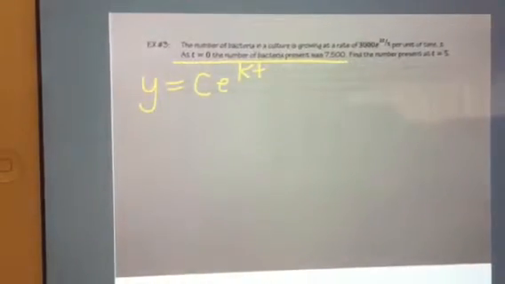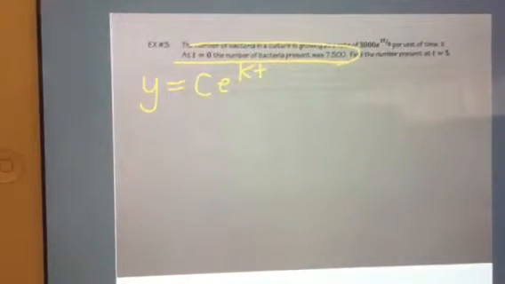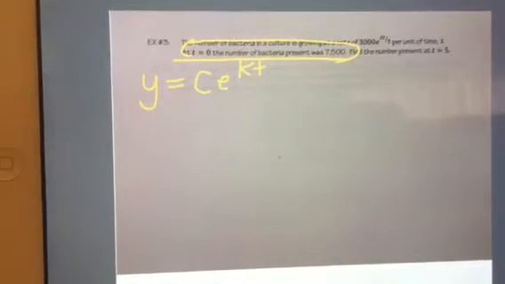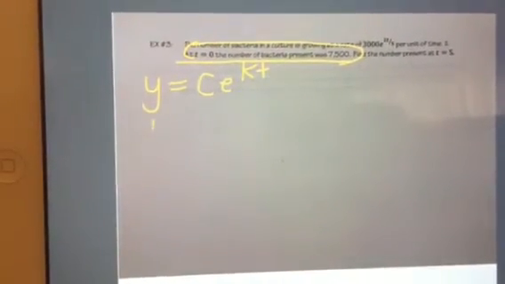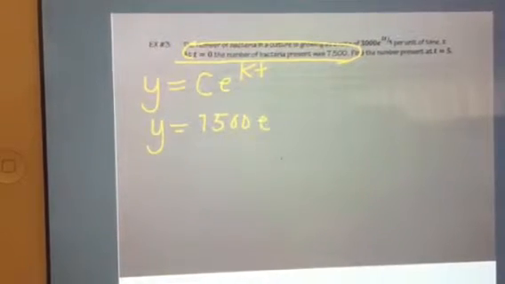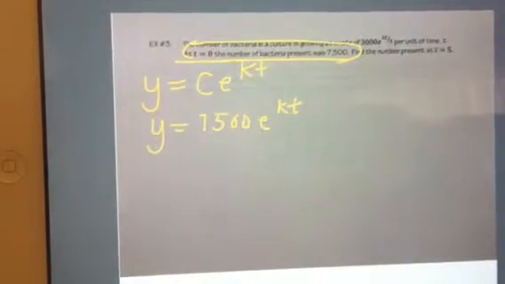Let me rephrase that. This is our initial value right here. So we don't have to search for c because we're already given c. So it's y is equal to 7,500 e to the kt.